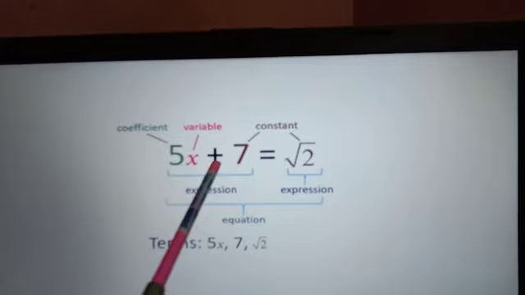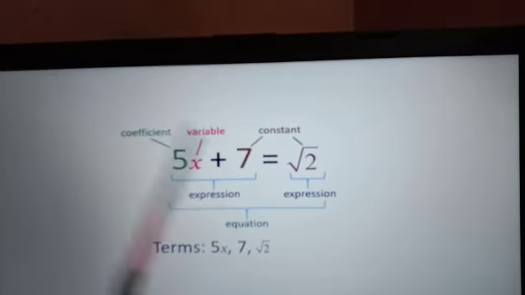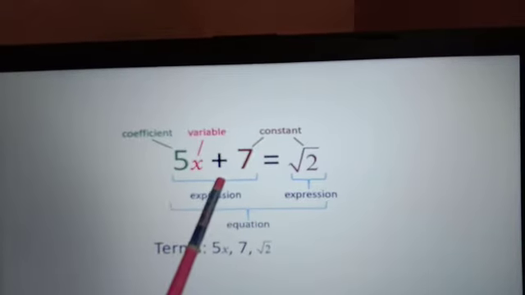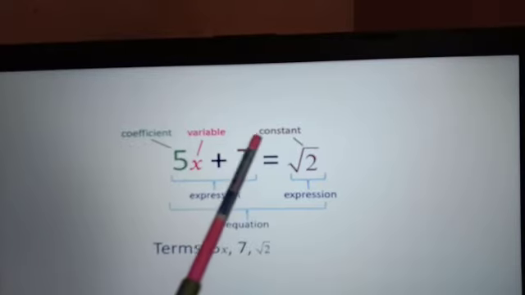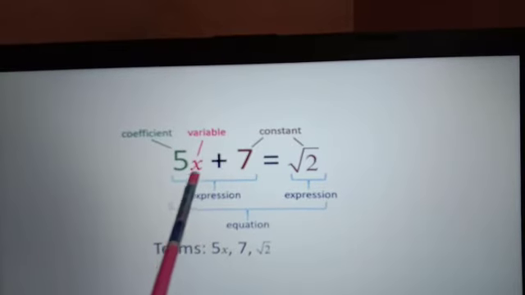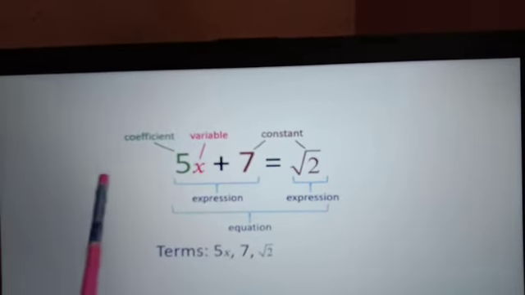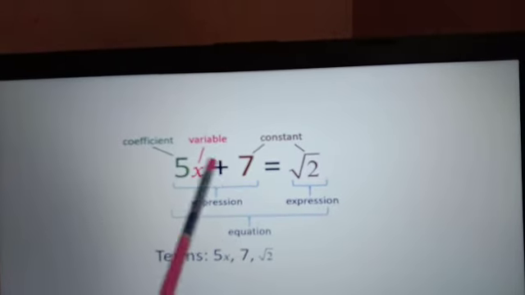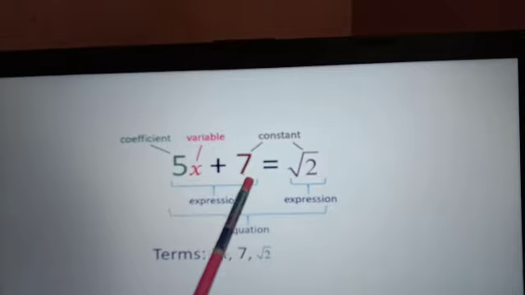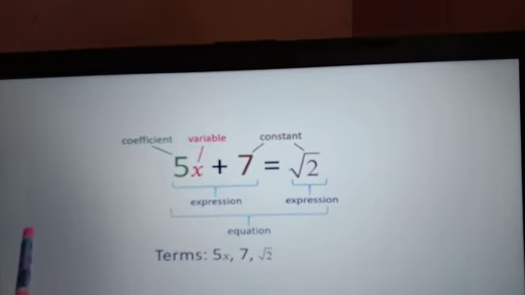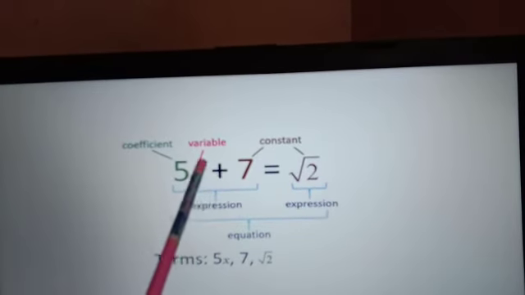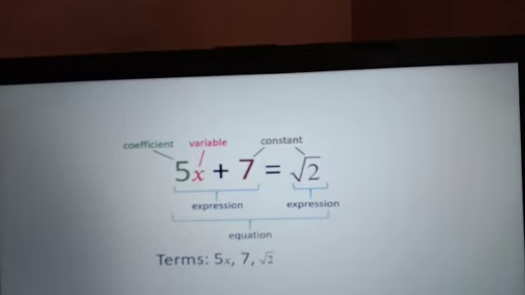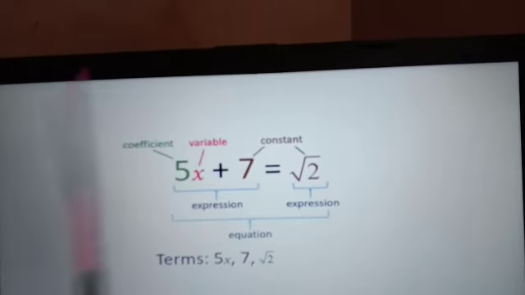Here the basic operation between 5x and 7 is plus. What are the 4 basic operations? Addition, subtraction, multiplication and division. An expression contains a variable, constant and a plus, minus, multiplication or division symbol.